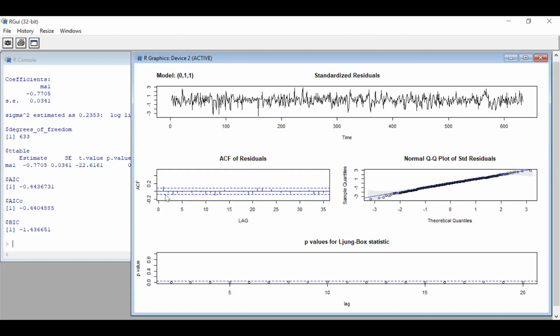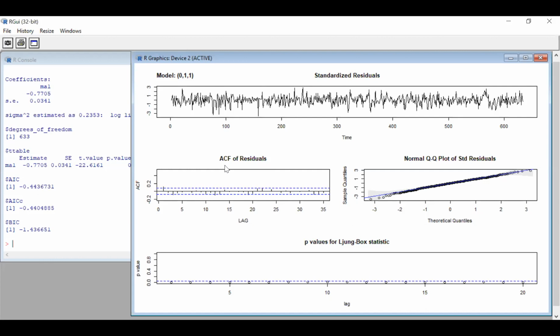Even though at lag 0 it didn't show us, how much will the ACF be at 0? It must be 1. It's always 1, because it is itself, right? But for the others, lags 1, 2, 3, 4, every ACF is inside the band, probably a 95% band.